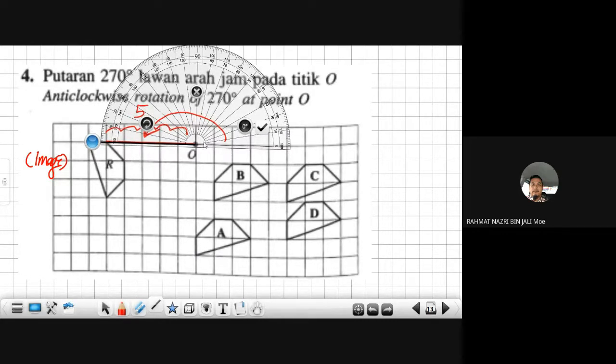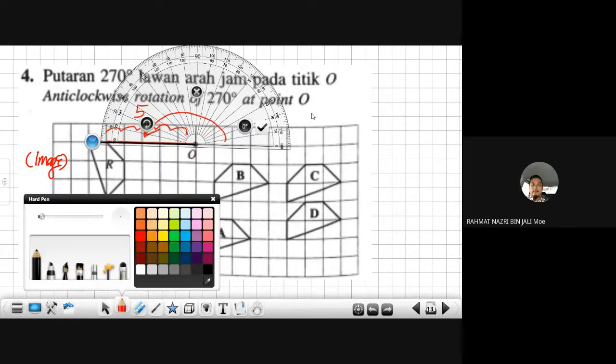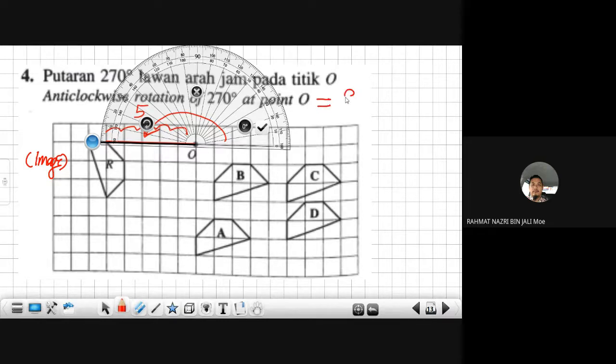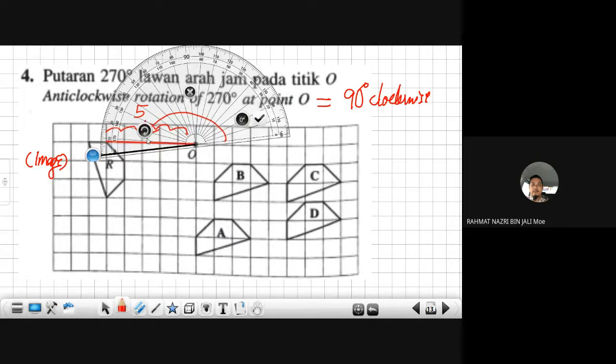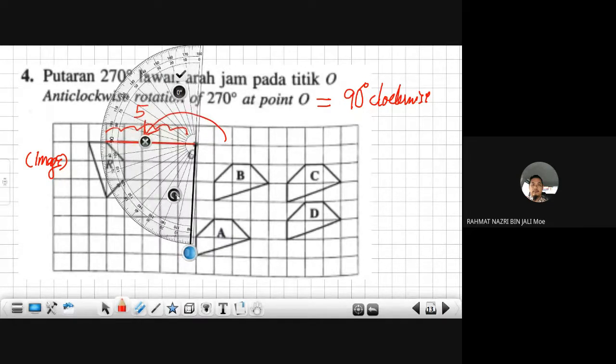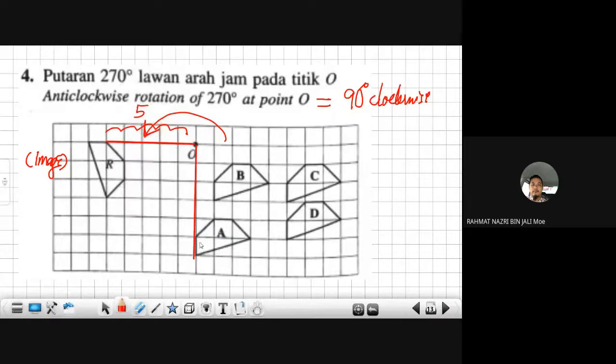Two seven zero. Okay, 270 is equal to 90 degree clockwise. This is another method to determine 90 degree clockwise. So we try to get 90 degree clockwise. Okay, so 90 degree clockwise is this one.